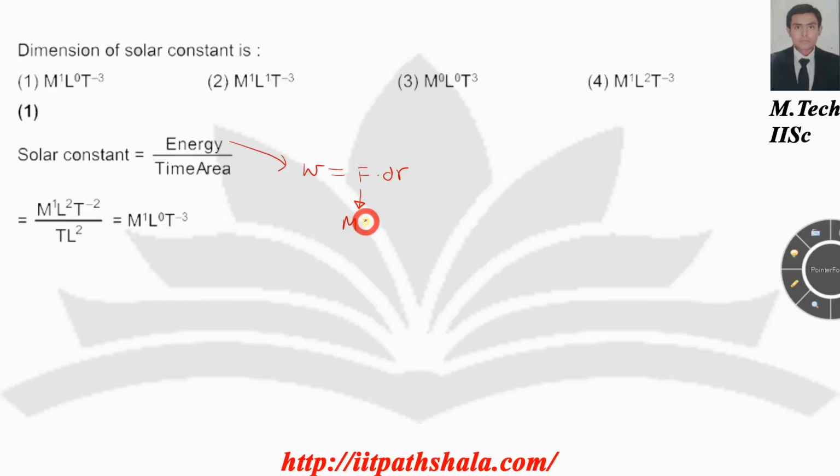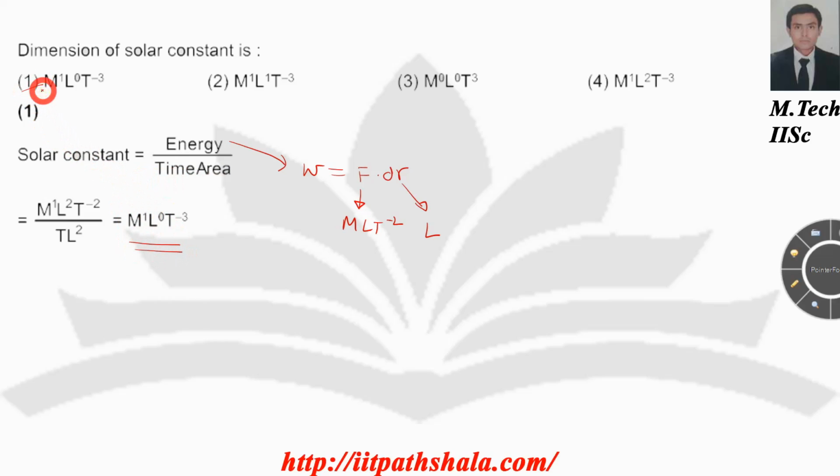The dimension of force is MLT^-2 and the displacement dimension is L. Now it's a piece of cake to find the ratio. Energy is ML^2T^-2, time is T, area is L^2. Replace everything here and you'll land up with this expression. So this is your option number 1.